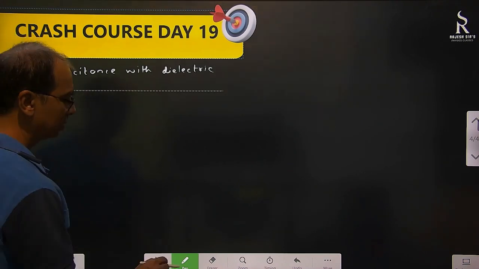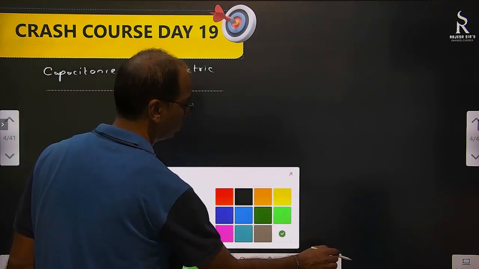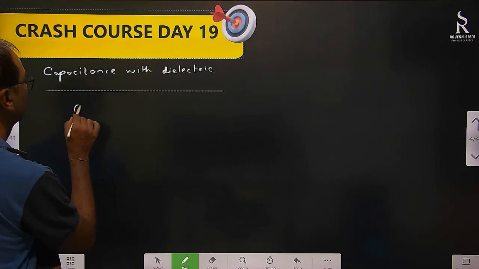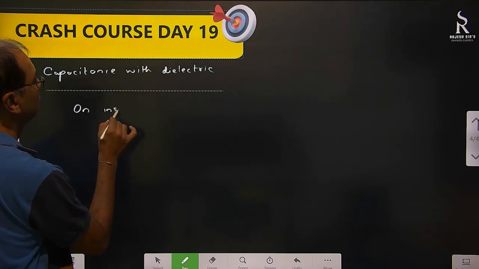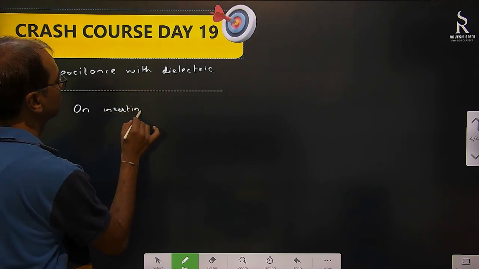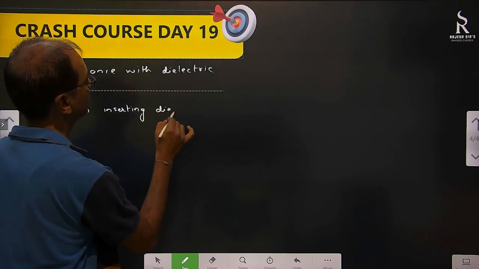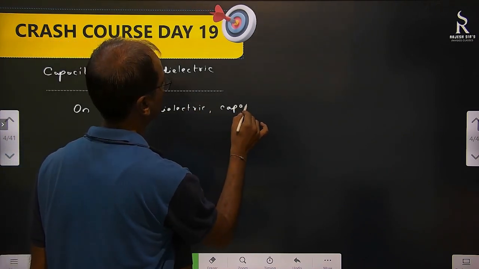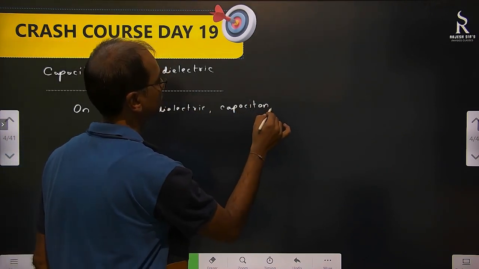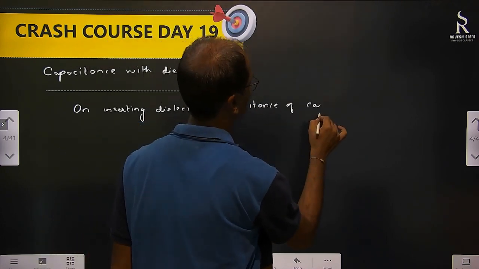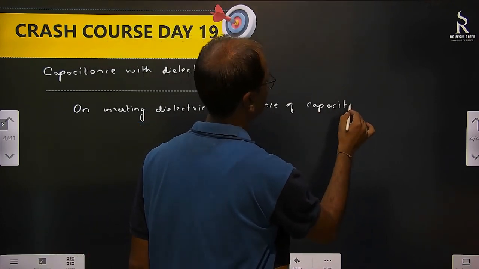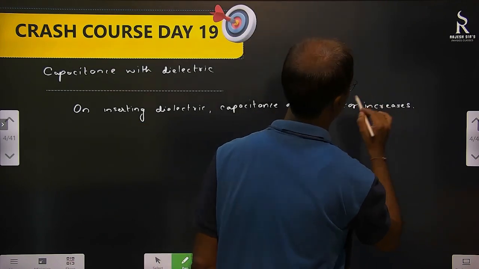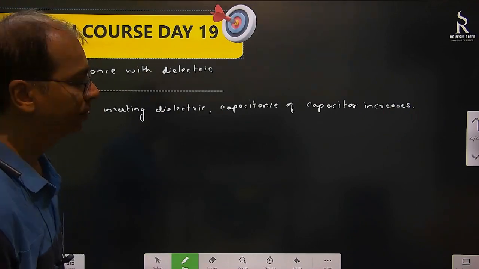Capacitance with dielectric: we saw that on inserting a dielectric, the capacitance of a capacitor increases.